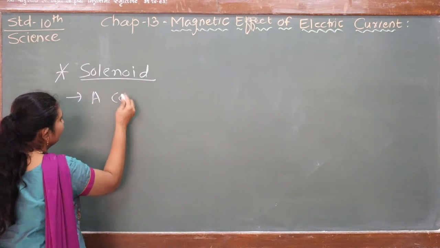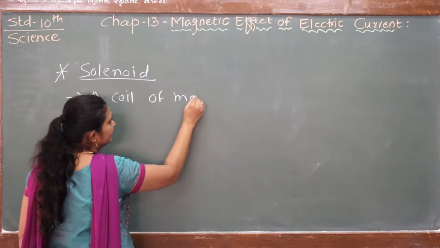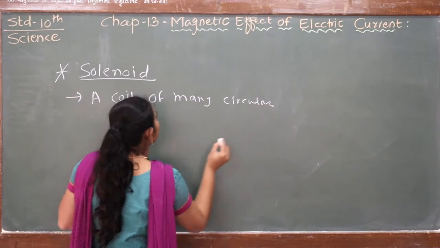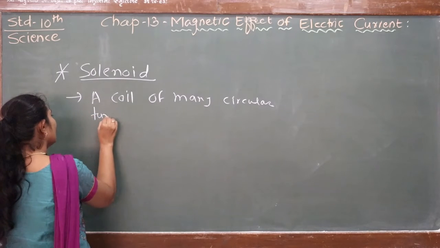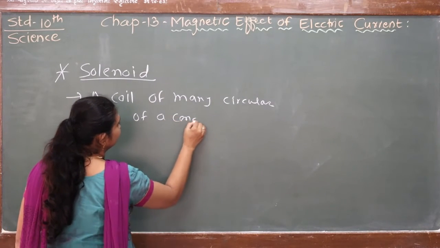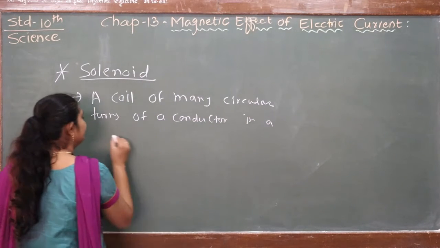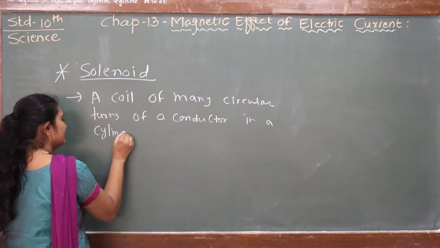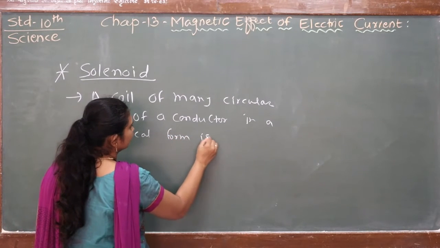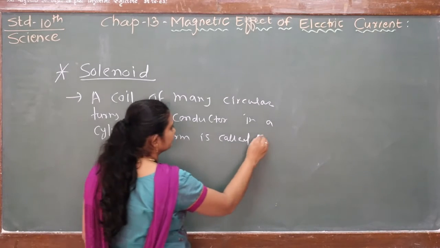A coil of many circular turns of a conductor in a cylindrical form is called a solenoid.